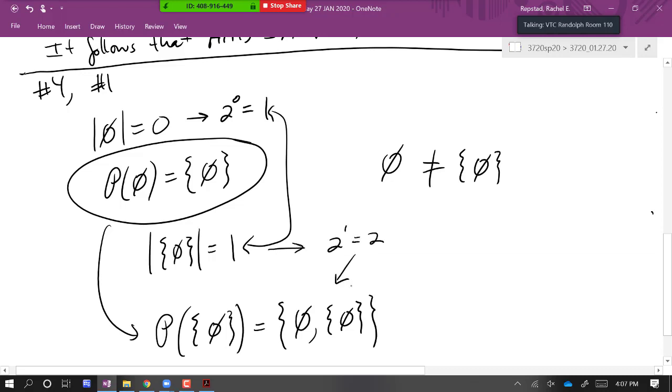Look at how many subsets we got to list there. If I found the power set of this set right here, how many things would I expect to list? 4 things. And we're going to have lots of empty sets and curly braces to list those elements out.